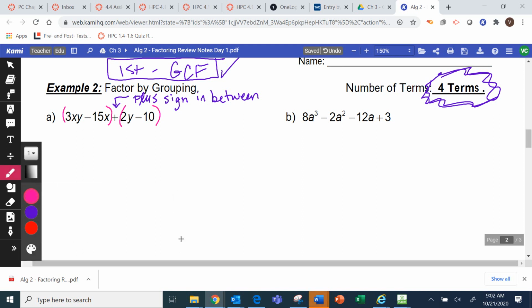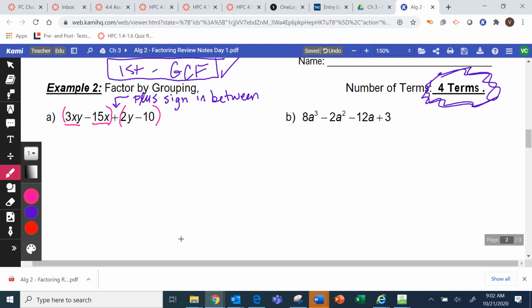Now we're going to factor the first group. So we're going to completely ignore 2y minus 10. We're going to look at just the first group, 3xy minus 15x, and we're going to say, is there a greatest common factor? Just for this group. Emma, was it 3?